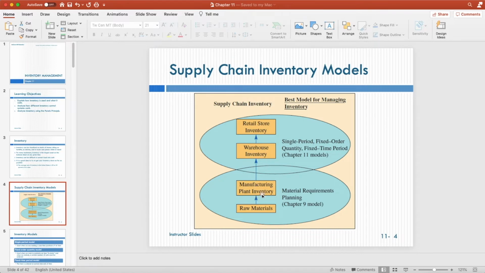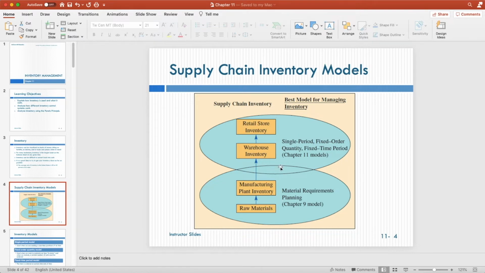But the manufacturing plant inventory or raw materials inventory are either before you produce or during the production. So these two inventory are the main thing that we will deal with within this chapter. And in chapter 9, when we talk about MRP, which is material requirement planning, we will focus more on manufacturing plant inventory or work in process inventory, or raw material inventory.